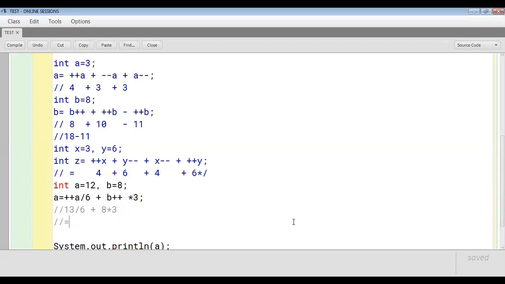Yes or no? 13 divided by 6, it's 2 point something, which is 2.16. Exactly speaking, it's 2.16. So what do you think? The computer will take the answer 13 divided by 6. Do you think the computer will take the answer as 2.16?